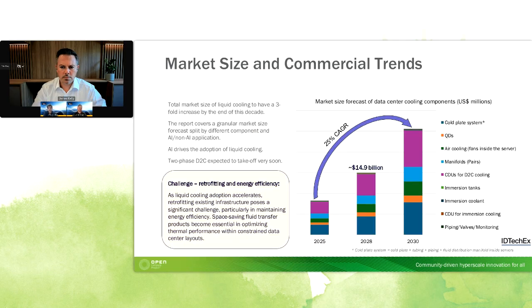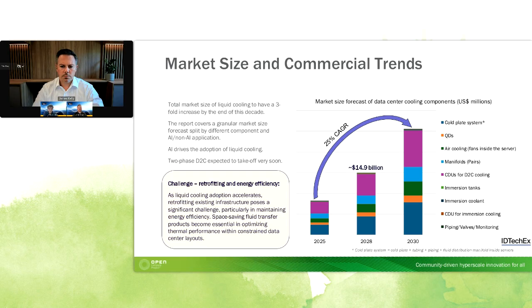So this slide is a quick overview of the market size and the commercial trends of the data center cooling components. So essentially, on the right-hand side, we have the market size of different components all the way from cold plate systems, quick disconnect, air cooling systems, and all the way down to CDUs and pipings, valves, and monitoring. So, with the rapid expansion of data centers and artificial intelligence, we believe that liquid cooling components will experience a very fast growth.